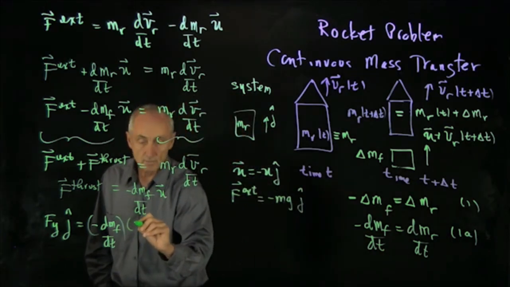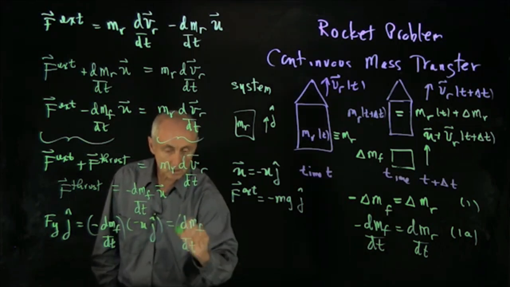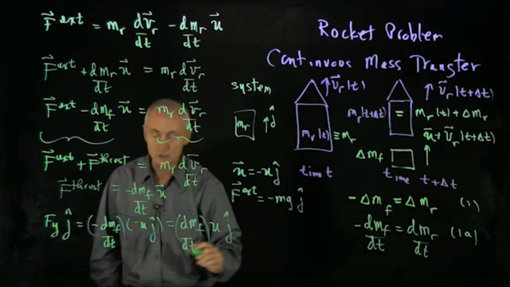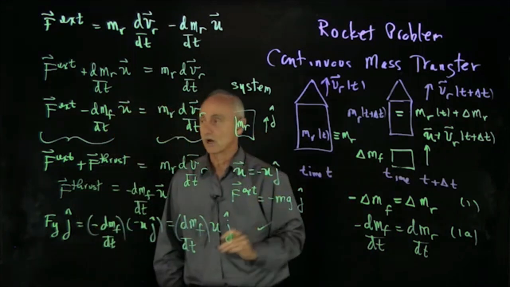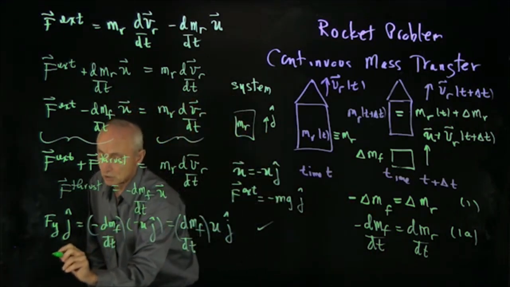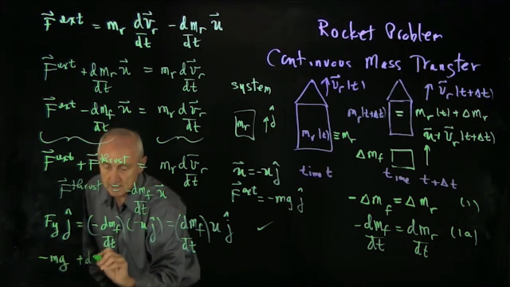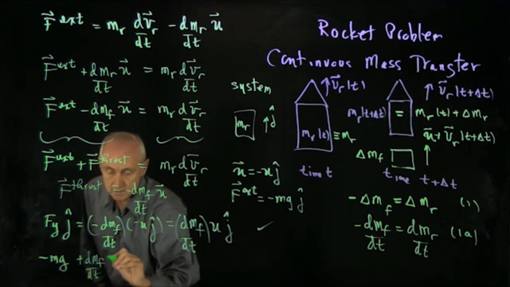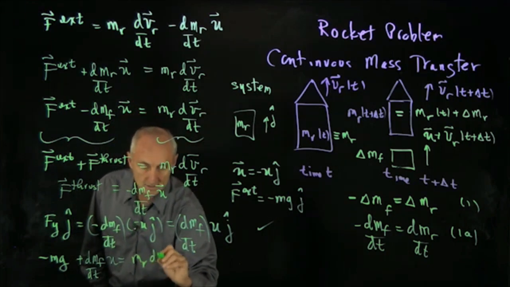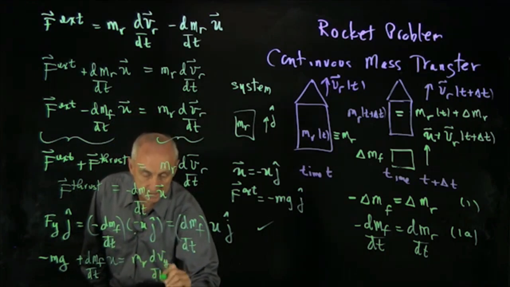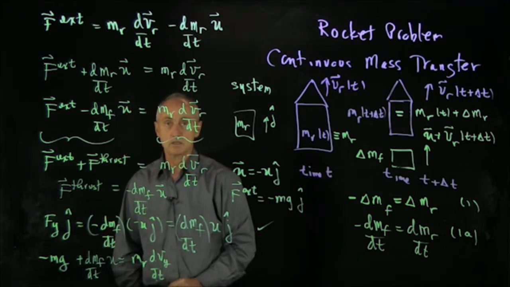So we have another minus u j hat, and we see that we have a positive thrust force in the vertical direction that is giving us an additional force other than the gravitational field. And in Cartesian, in our unit vectors here, we have minus mg plus dm_fuel/dt times u is equal to m_r dv_y/dt of the rocket. And so this is the rocket equation in components.